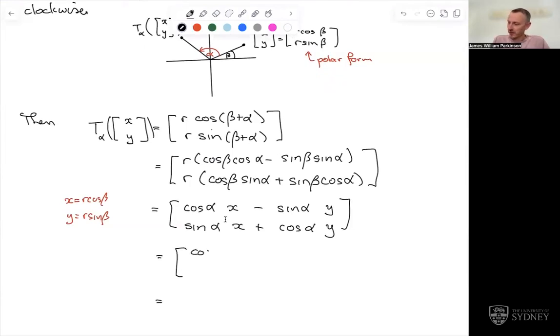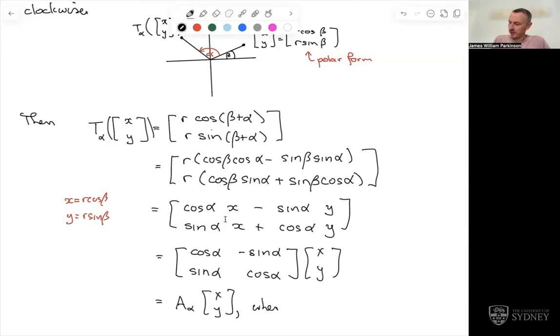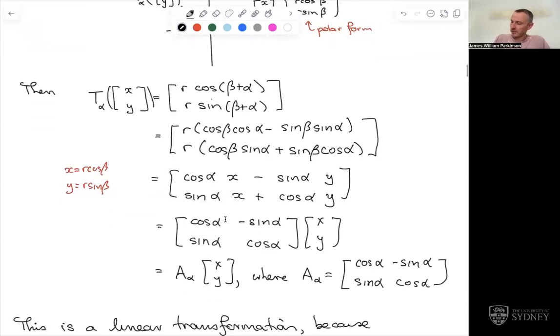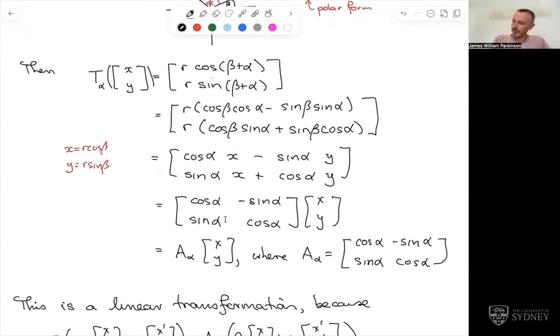This is just some matrix times xy, where our matrix here is cos alpha, minus sine alpha, sine alpha, cos alpha. So this is just matrix multiplication here.